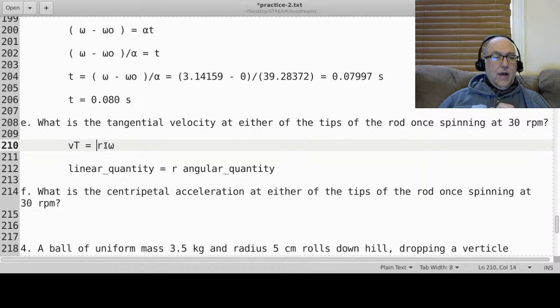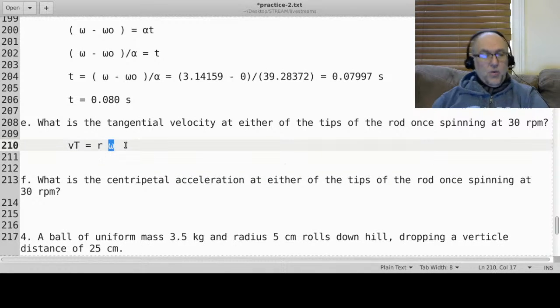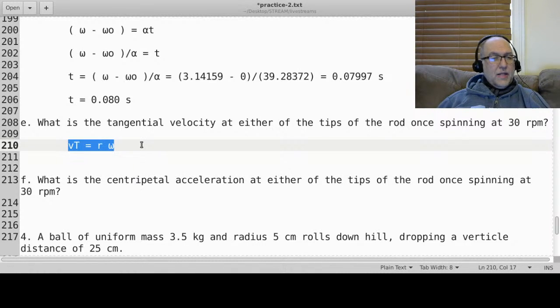And how are the two related? By r. This sequence of equations only works if this is measured in radians, or radians per second, or radians per second squared. The whole way that this is derived makes the assumption that you're working in radians. It does not work in degrees, turns or revolutions or anything else, only in radians.